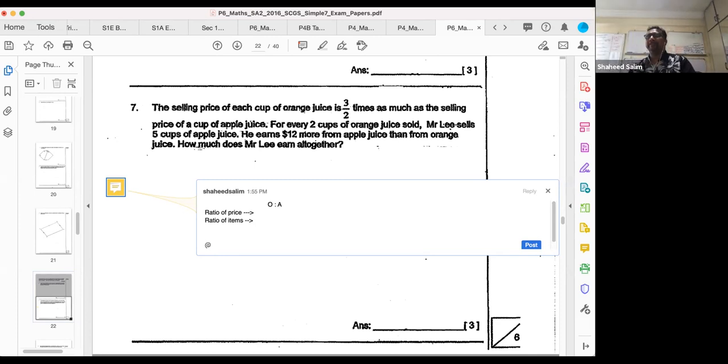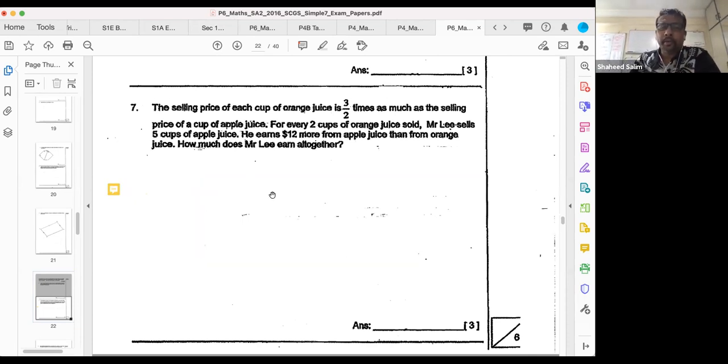You look blank, eh? Davish can do that, Davish. Davish, are you there, Davish? Karisa can do. Zahin can do. Akil. Okay, I'm going to go show you lah. All right, we do one by one.